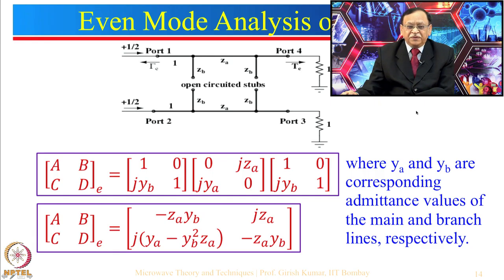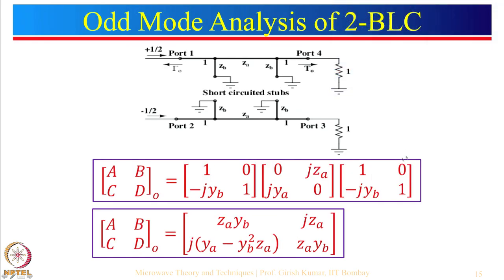Now, let us do it for odd mode. In case of odd mode, what we have here is a short circuit here, short circuit here. So, you can actually neglect this particular part. Now we are looking from here. If we look at the input impedance from here, since this is shorted, the input impedance of this will be inductive. So, in terms of Y, we will have a negative sign.